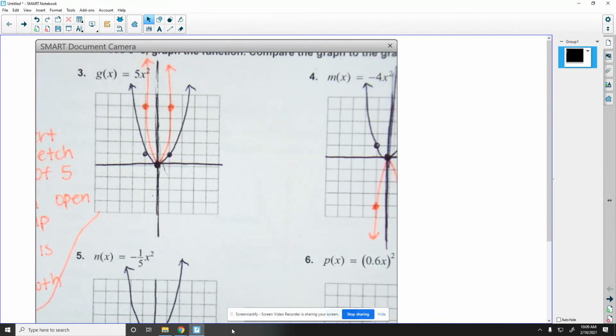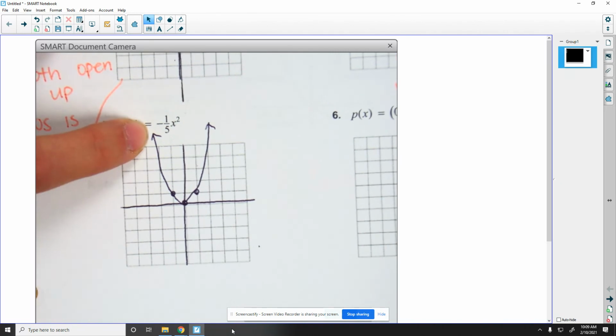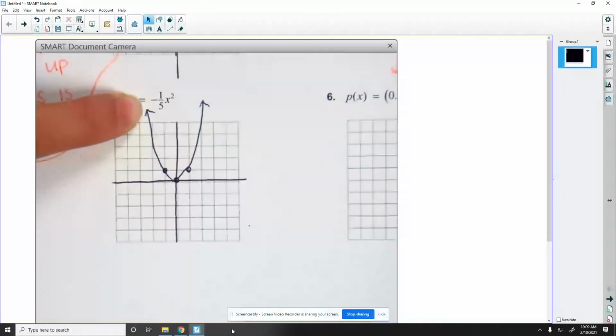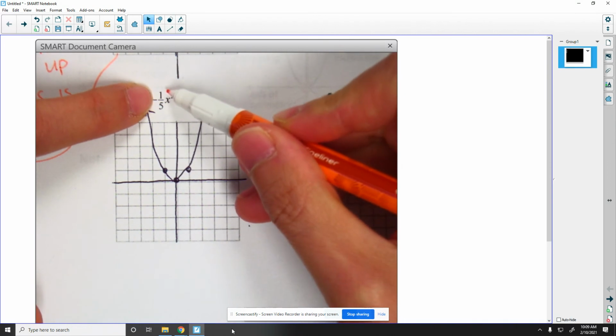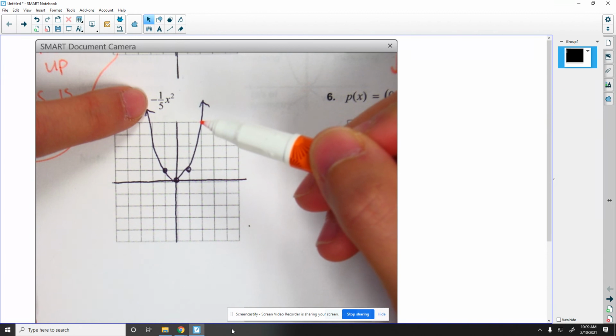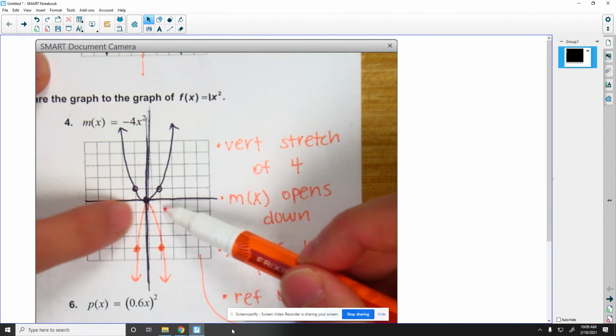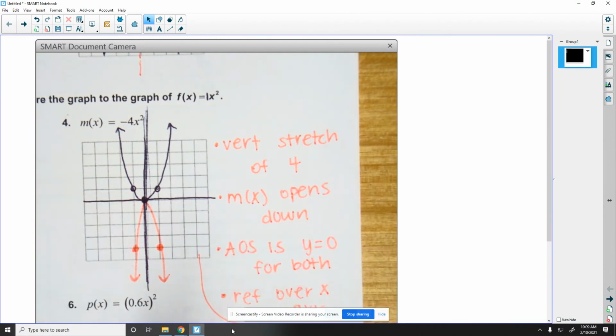Okay, so this one's kind of tricky now because it's negative. So if it's negative, does it go up or down? Down. But it goes down how many? Not 1. 1/5. For this one, it went down 4 whole squares.